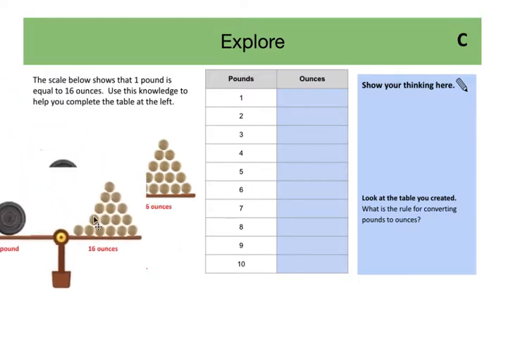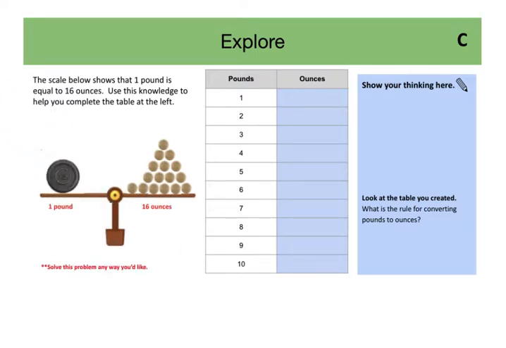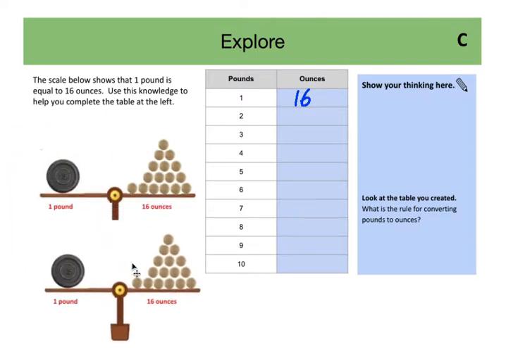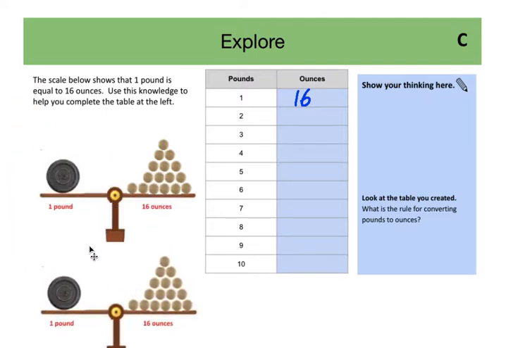If we have 1 pound, we've already discovered that is equivalent to 16 ounces. Now if we had 2 pounds, so two of these scales, how many ounces do I have? 16 and 16. How much does that give me?